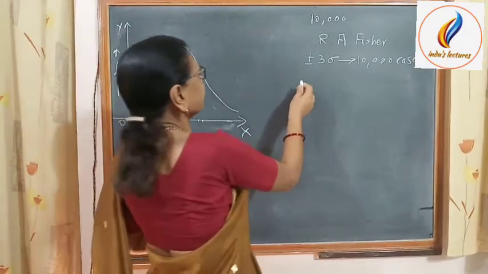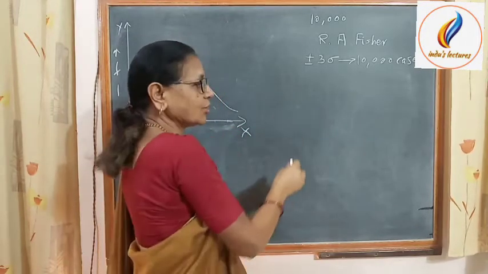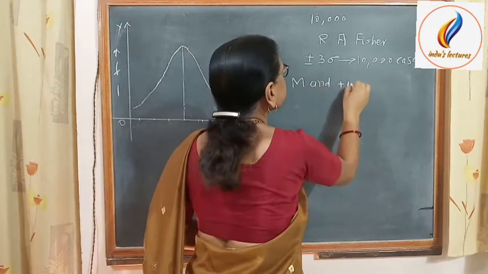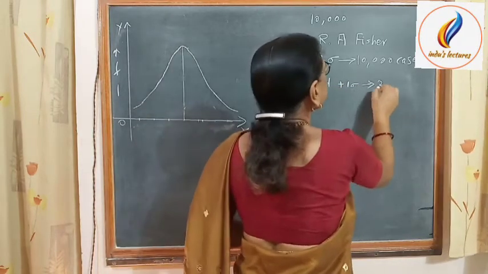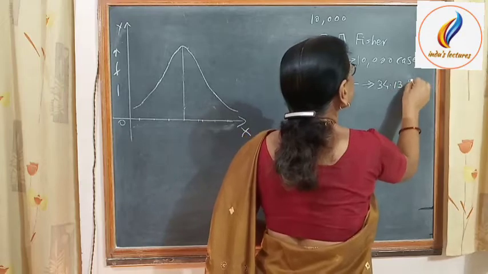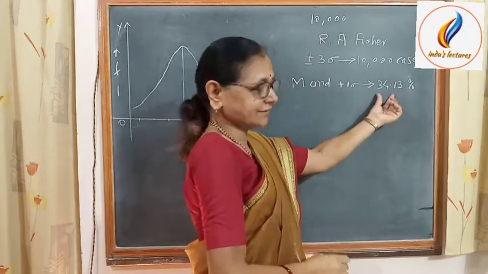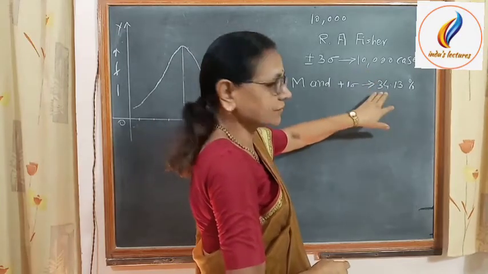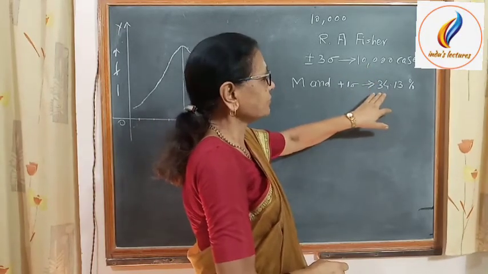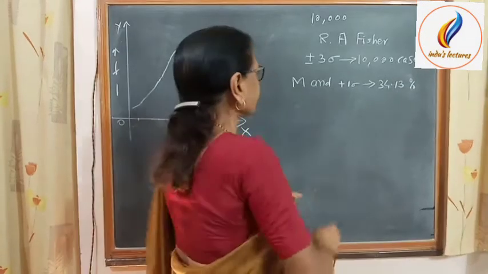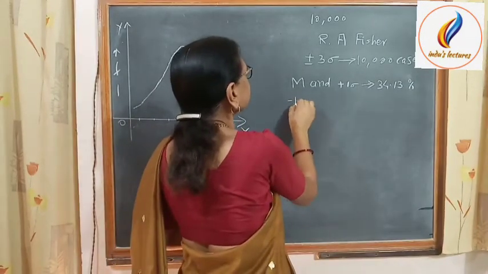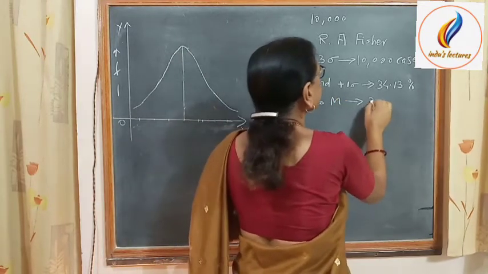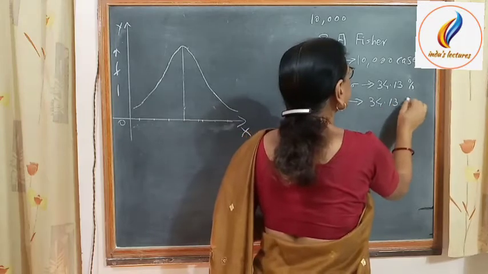As we already know, the number of cases between mean and plus 1 sigma is 34.13%. That is in percentage, and out of 10,000, this number of cases is 3,413. Again we know that between minus 1 sigma and mean there are the same 34.13% cases.